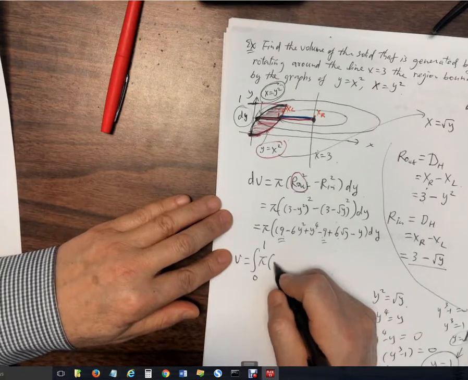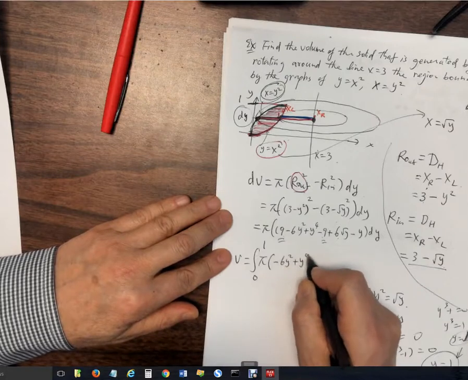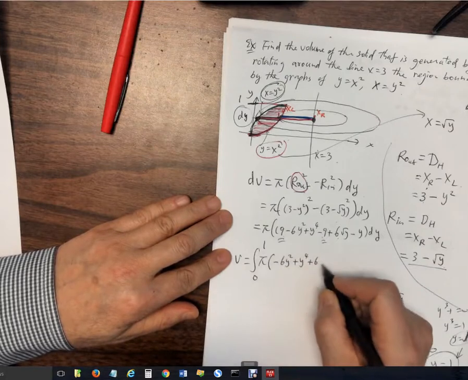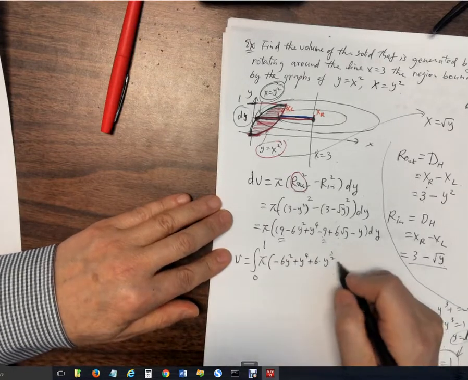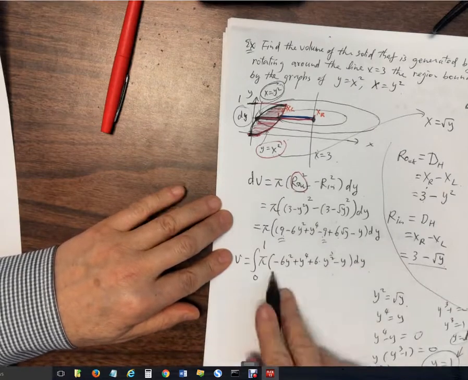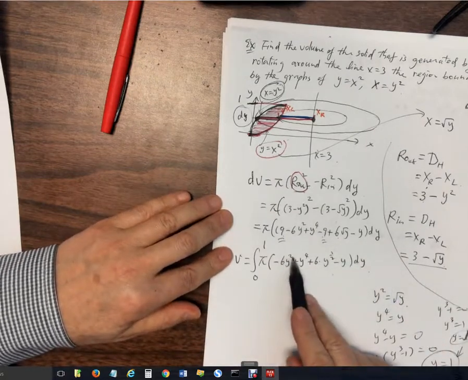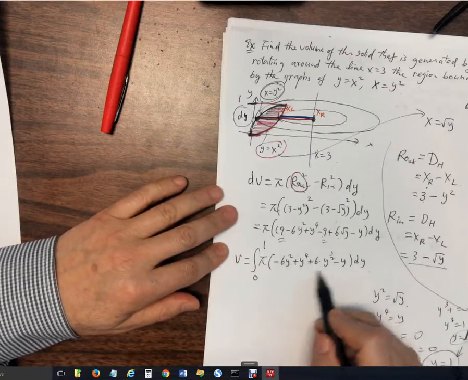So it's negative 6y squared plus y to the 4th power plus 6 times y to the half power, just square root of y, minus y, dy.